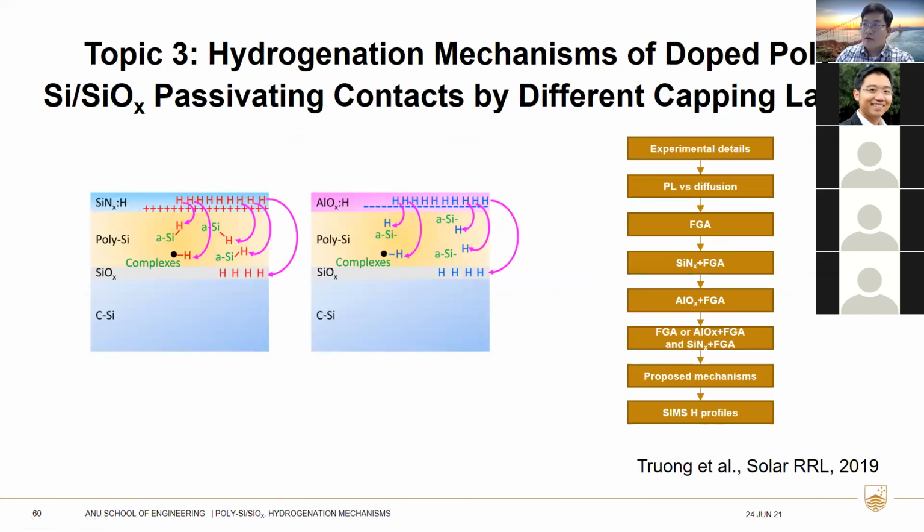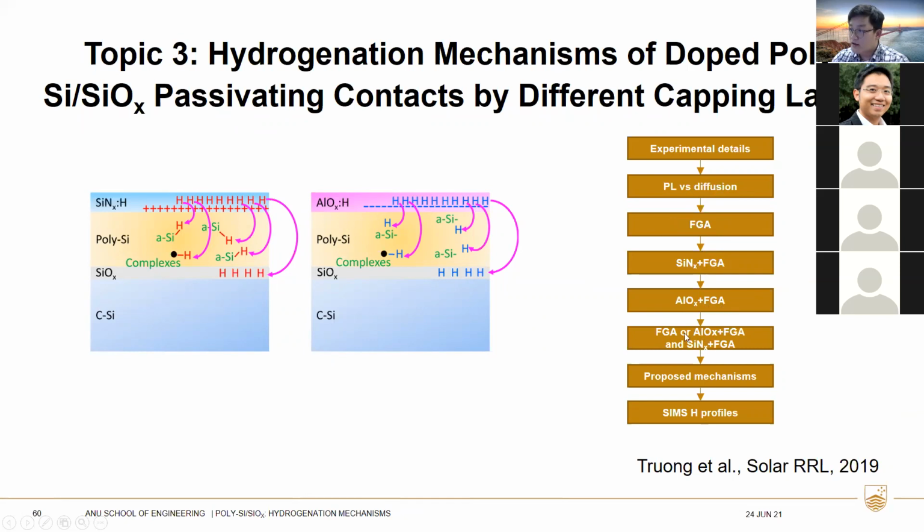Finally, we studied the hydrogenation mechanisms of the passivating contacts by different capping layers. So this is the outline. We will study the PL before and after the dopant diffusion, and then we study PL and FTIR after forming gas anneal and silicon nitride and alneal.